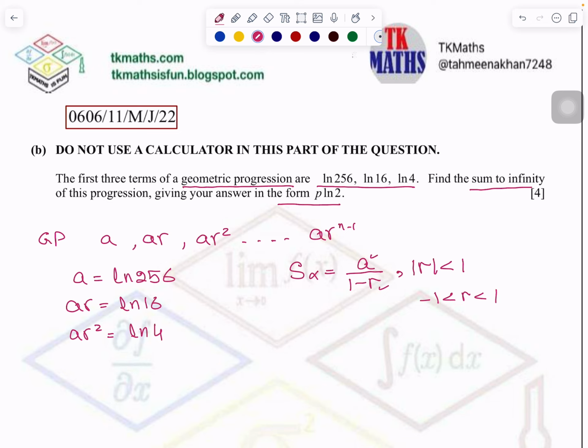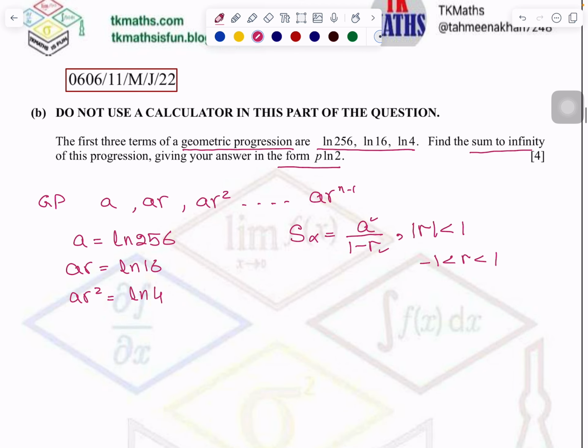Again, I'm saying the link is given in the description to know the reason why, and you should know why. Okay, so let's see. a I have, ln 256, but what is r? Because GP is about the common ratio, I can do third term divided by second term, or you can do term 2 divided by term 1.